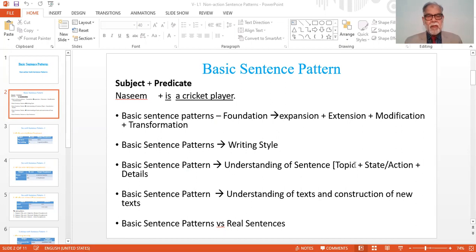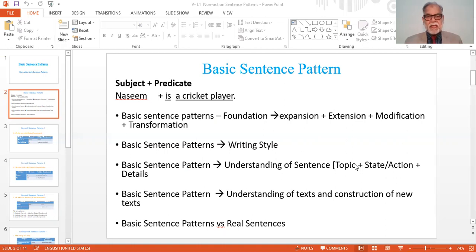If we talk of basic sentence patterns, they provide us a foundation, and especially the early learners can understand these patterns, they can become automatic with these patterns, and these patterns will stay in their mind, and the learners can use these patterns with expansion, extension or modification and transformation for expressing their concepts. So if these patterns are there, then these operations can take place, and can help in expressing ideas of the learners in the writing.